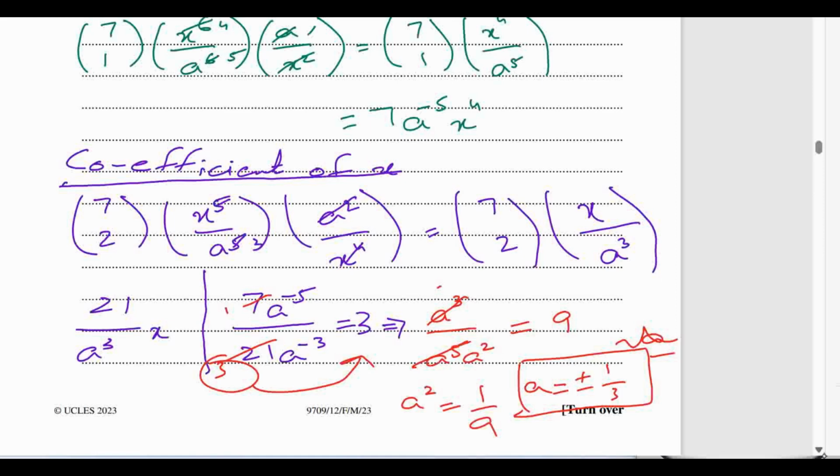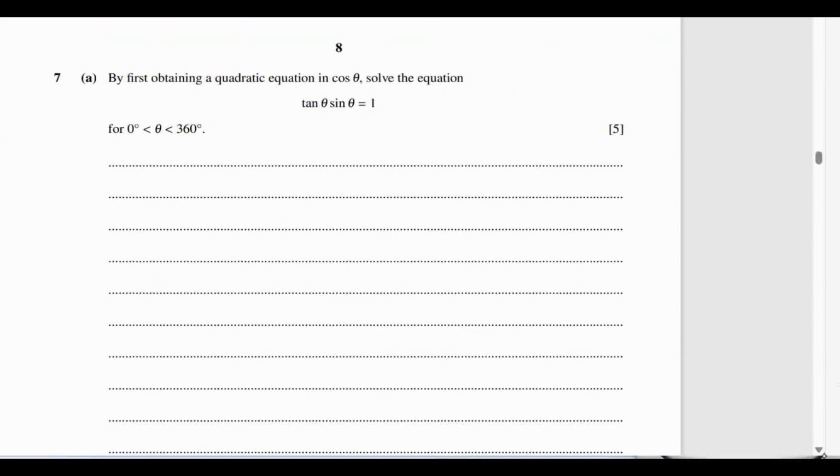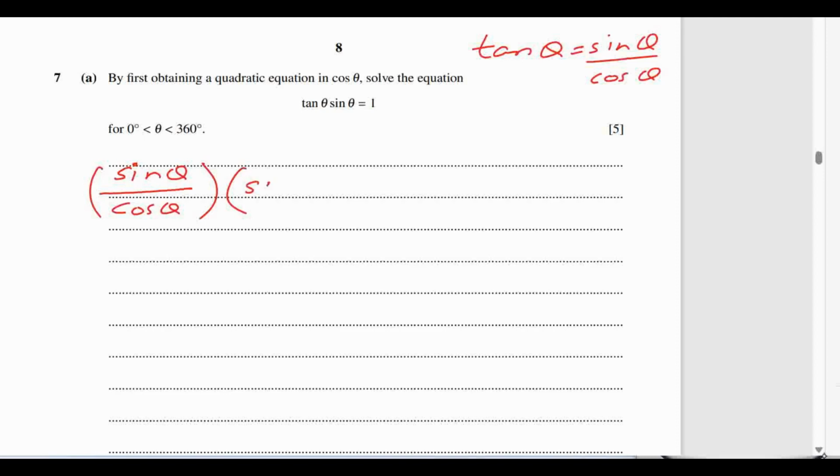Let's move on to question number 7. By obtaining a quadratic equation in cos theta, solve the equation. As we know that tan theta is equal to sin theta by cos theta, so this will become sin theta by cos theta into sin theta is equal to 1.